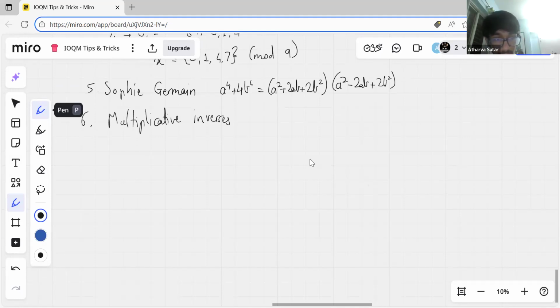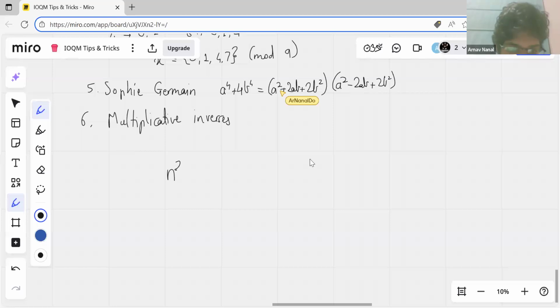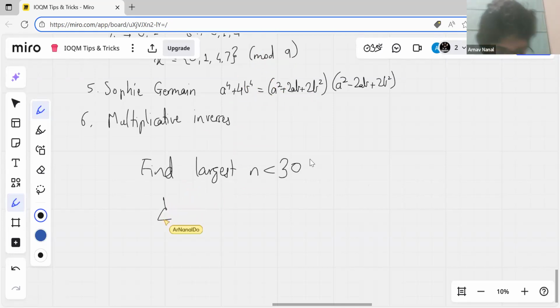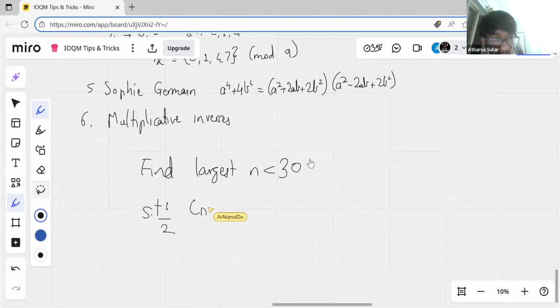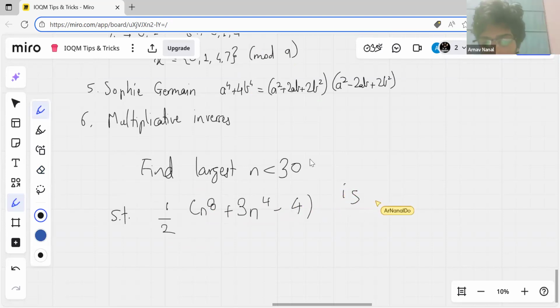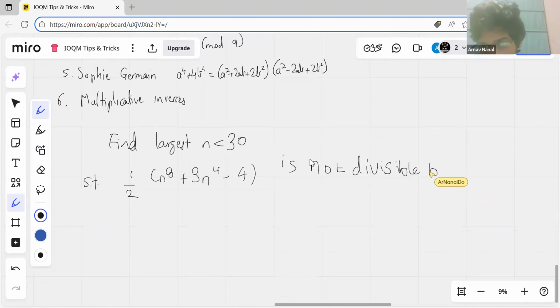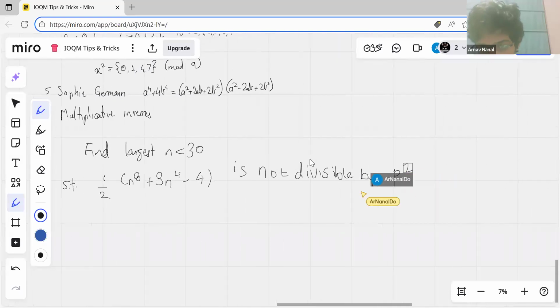You are given... Find the largest integer less than 30 such that n to the 8 plus n to the 4 plus 4... I'll write the expression. ...is not divisible by the square of any prime.